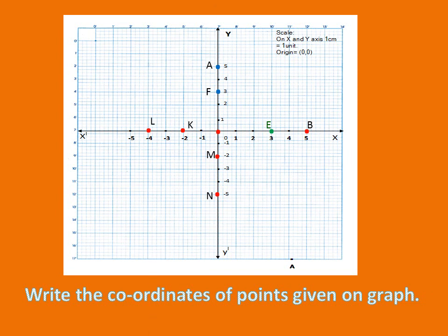Similarly L, -4 and 0. See here, how do we write down E, which we have learned? 3 comma 0. See F, 0 comma 3. So remember the vertical line and horizontal line. That will help you to learn a lot.